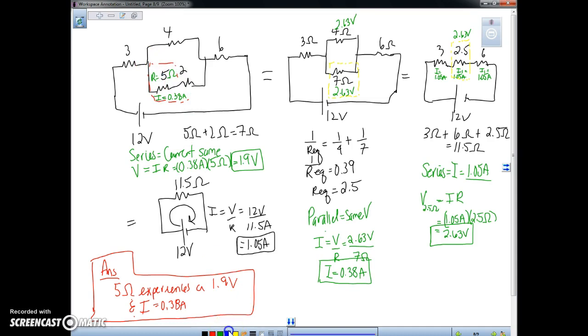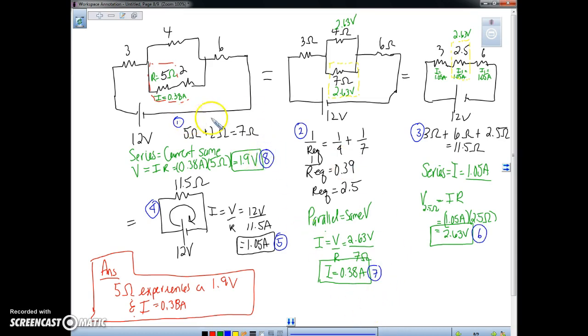So numerically, how did we do this? This is more or less step 1. Break this one down. Step 2. Break these two down. Step 3. Break this down. This was step 4. Was this circuit. Step 5 was finding this. Step 6 was finding this. Step 7. And this was step 8.